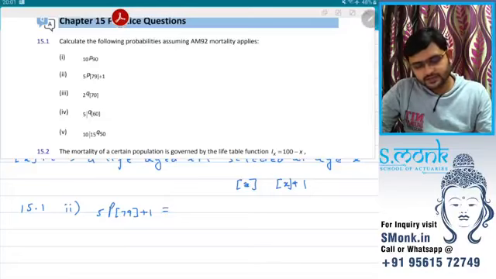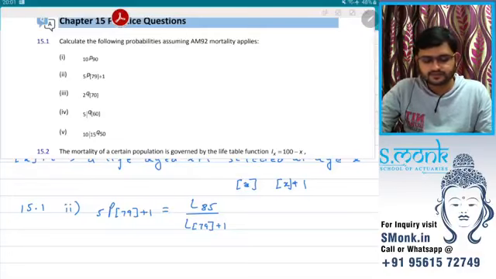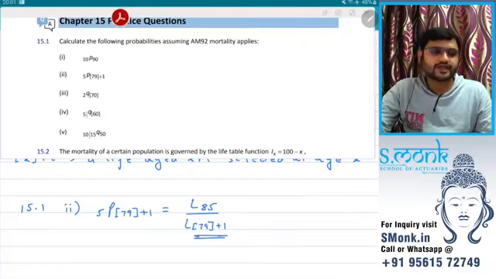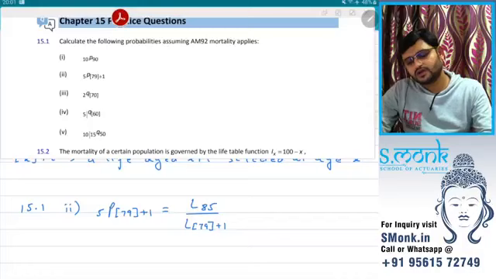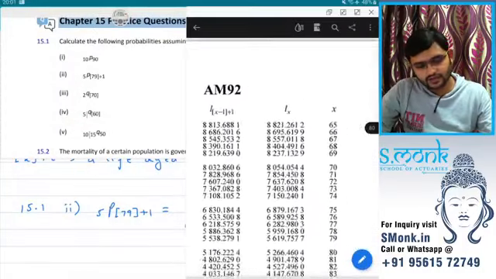So this becomes nothing but L, because it's more than 2 years, I will write it as ultimate, so 80 plus 5, 85, upon L select 79 plus 1. Person age 80 selected 1 year ago.